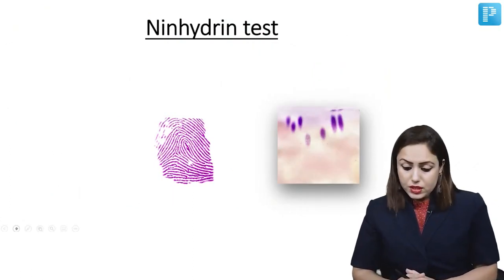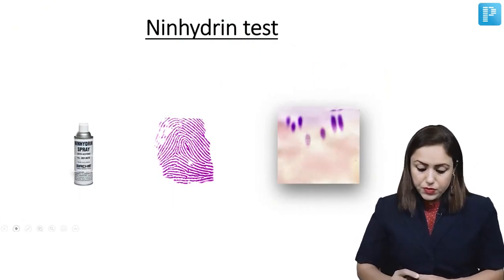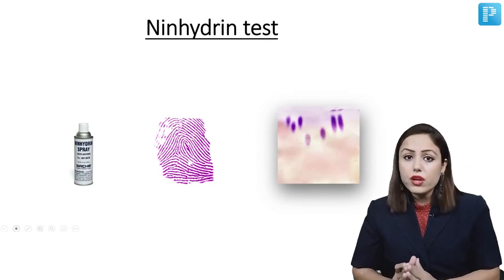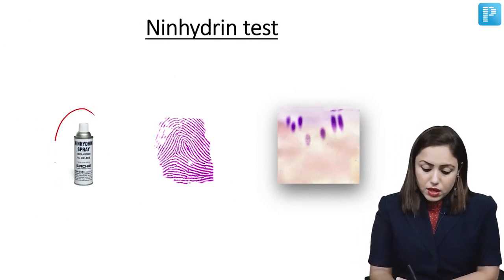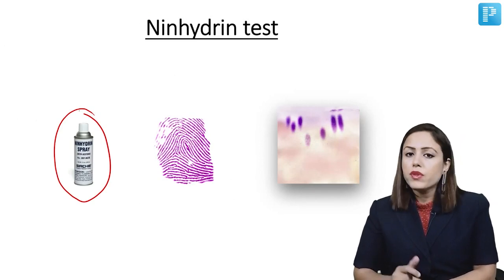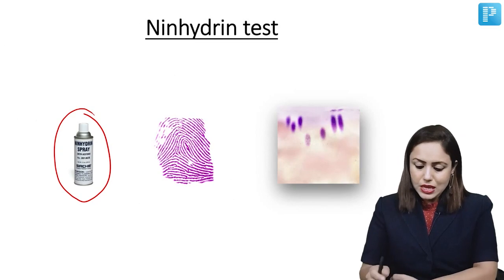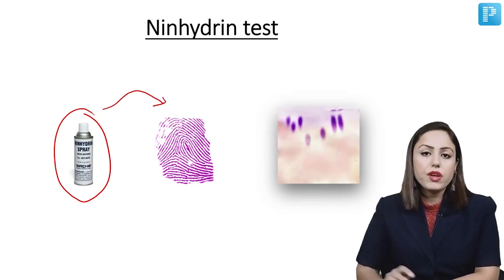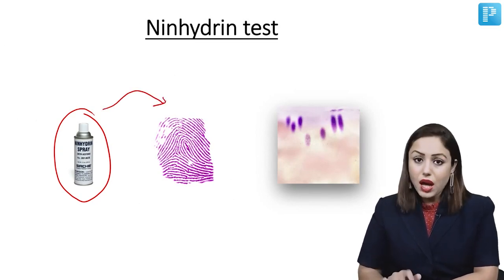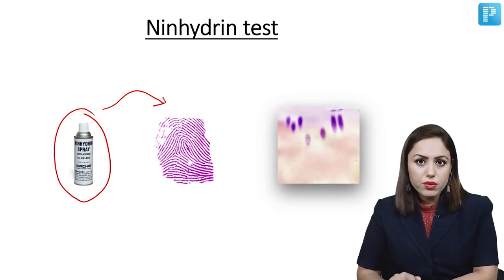So ninhydrin test. Ninhydrin test is used for obtaining fingerprints, right? There's a ninhydrin spray which is available. We spray this on the person's fingers or hands, and then we can obtain a fingerprint. What happens? How is the ninhydrin reaction occurring here?